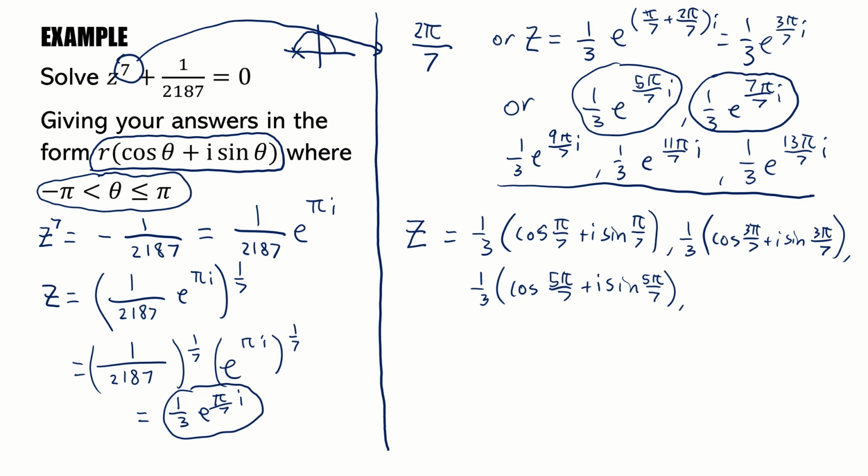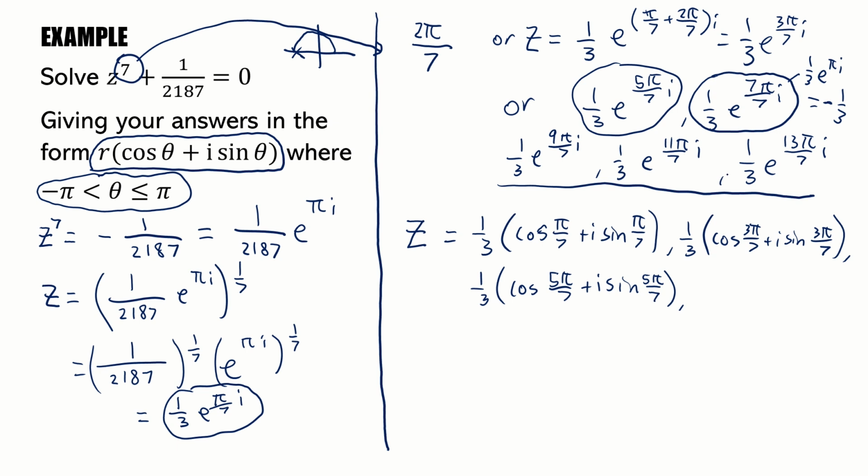The next number is an interesting one. Again, I've already pointed out that that is just an argument of pi. But there is an added extra element to this, which is a reminder back to the beginning where we pointed out that an argument of pi is technically just a negative real number. So it would be very tempting to simplify this complex number to being just minus 1/3, because that is what 1/3 e to the pi i would be.